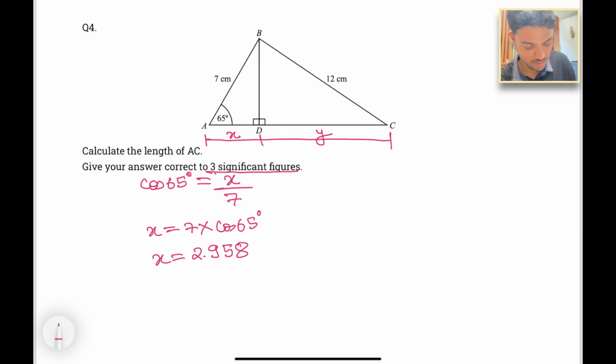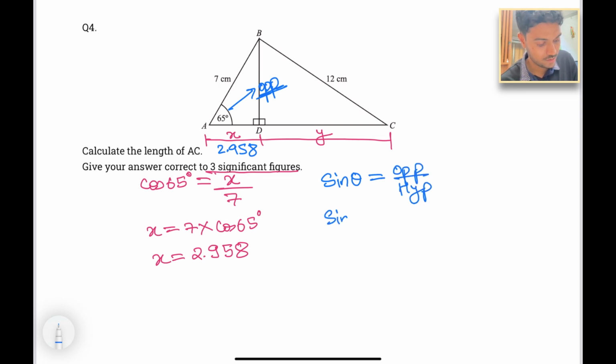So this is 2.958. And now we have to find the length DC. But before we find the length DC, we also have to find this opposite side, because that is going to be used in the next triangle. So now we can use sine theta, because sine theta is the ratio of opposite upon hypotenuse.